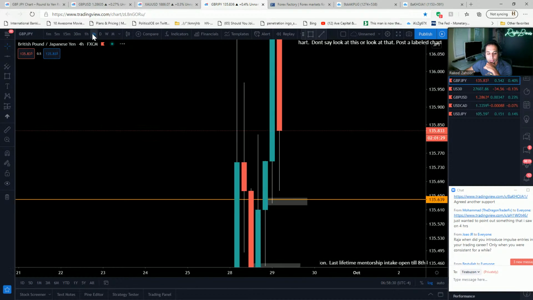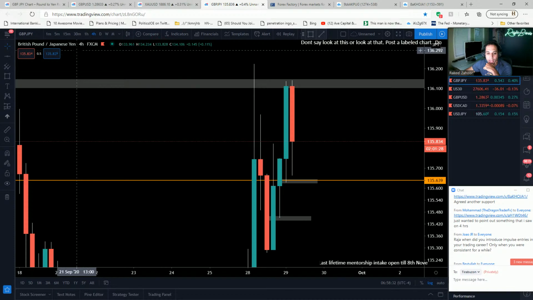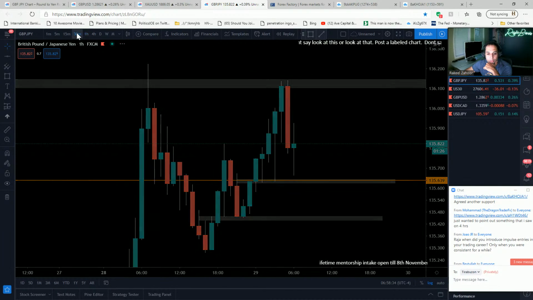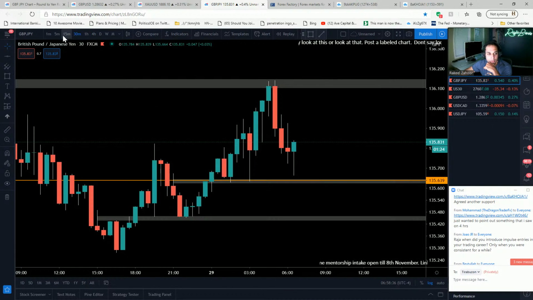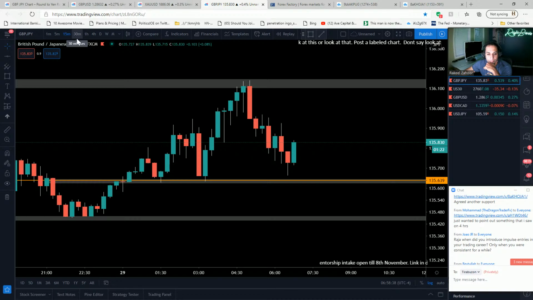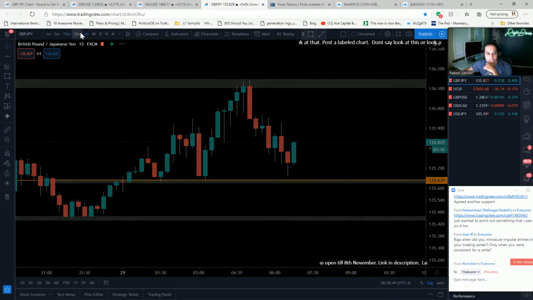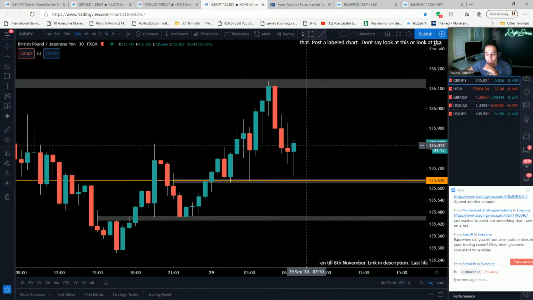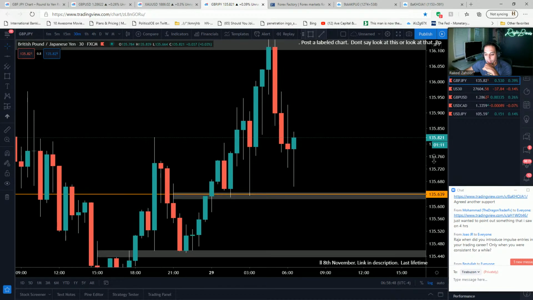But the trend is still bullish. The 1 hour candle is still closing bullish over here. This is the only problem here: this minor resistance, which are wick rejections on the 30-minute time frame. So let's see how this candle closes.